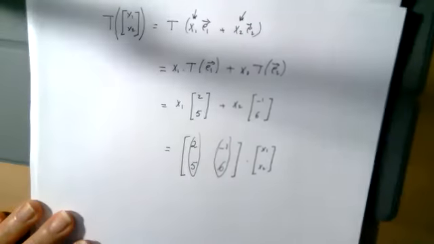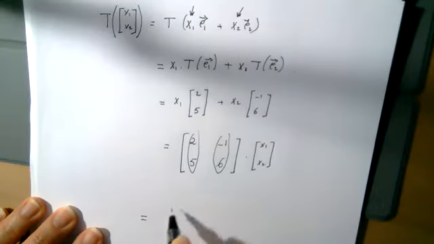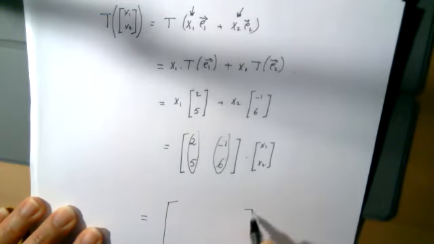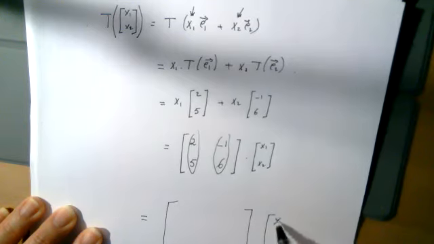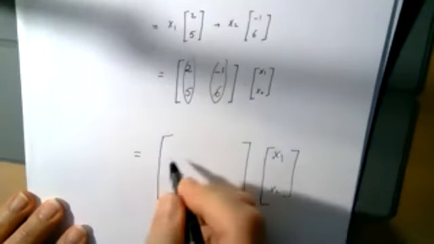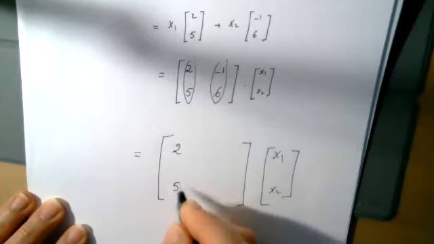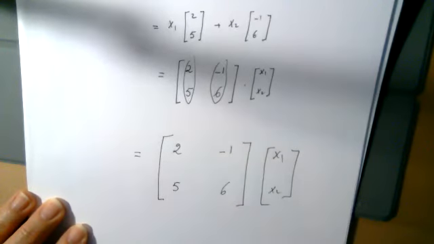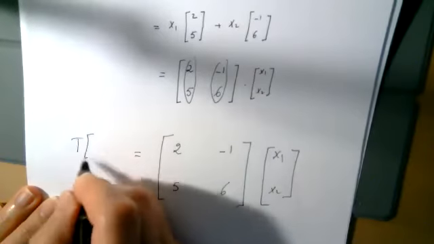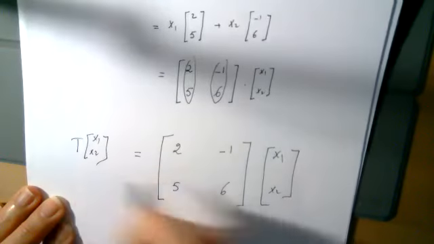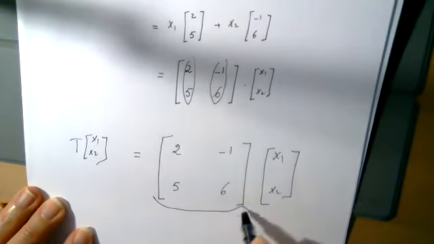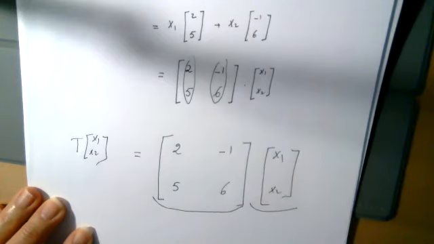So let me write it a little bit bigger because this is going to be crucial. So basically, what I'm writing is this. This is 2, 5, and this is minus 1, 6. So T of x1, x2 is actually equal to this matrix times this vector.